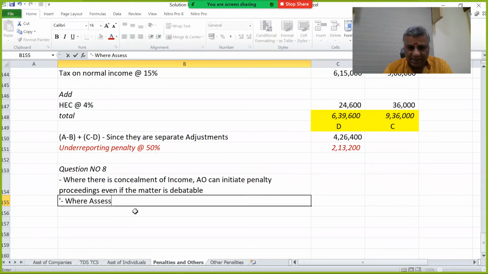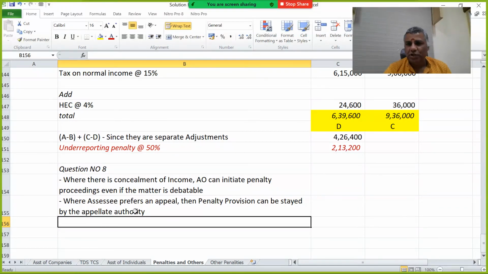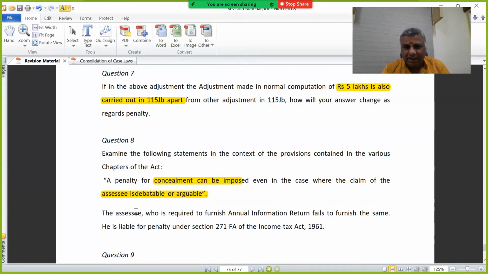Where the assessee prefers an appeal, then the penalty provision can be stayed by the appellate authority. He will stay the penalty proceedings, but generally the AO will initiate. In the recent faceless assessments also, we saw the AO will initiate penalty proceedings and then hand it over to the respective AO.